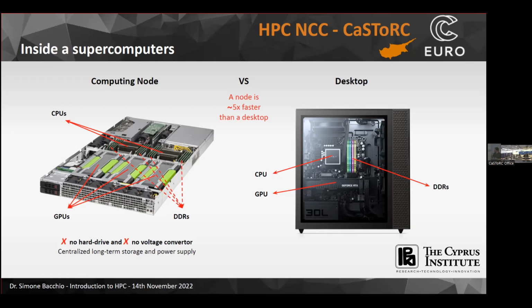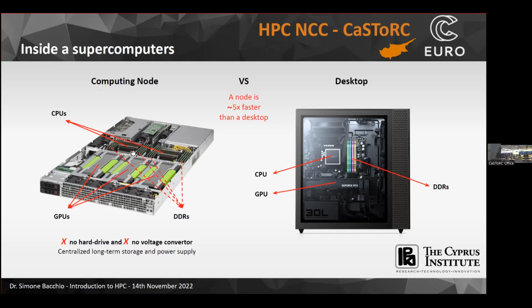On the other hand, a computing node is one of these slots here. This is one of the major components of a supercomputer. What does it have? Well, it has much larger CPUs, in this case 2 in the same node. So usually they may reach 64 cores against 8 cores of your laptop commonly. They have much more memory.